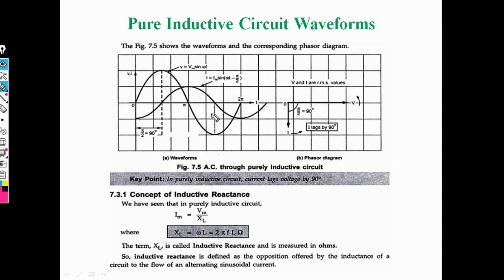Now we have considered the 90 degree angle, that is here, this is the 90 degree angle, that is pi by 2.